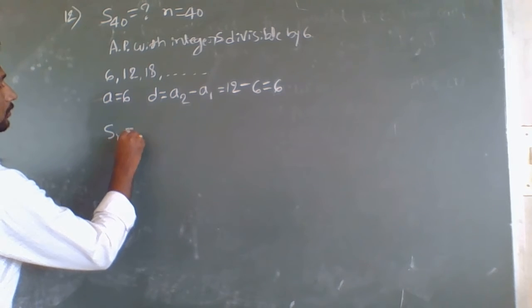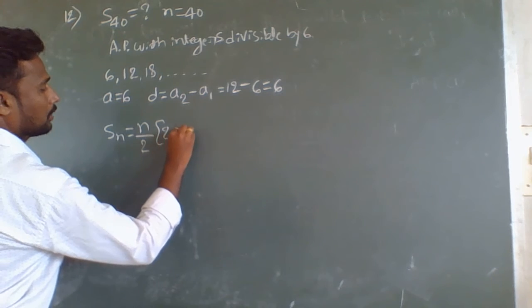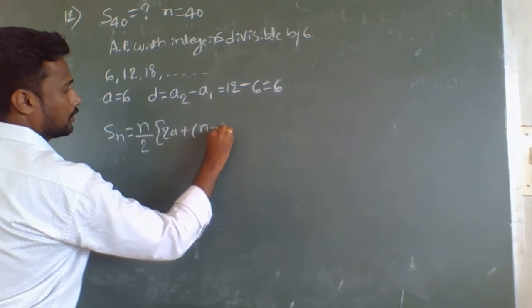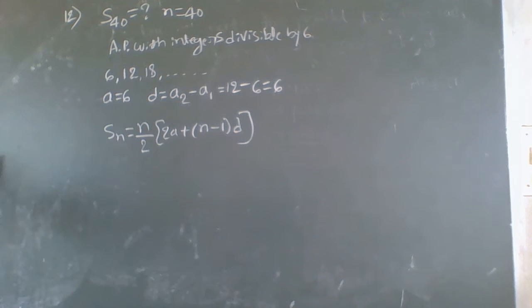Sn is equal to n by 2 into bracket 2a plus n minus 1 into d. Here I will consider Sn as S40, and we have to calculate S40.